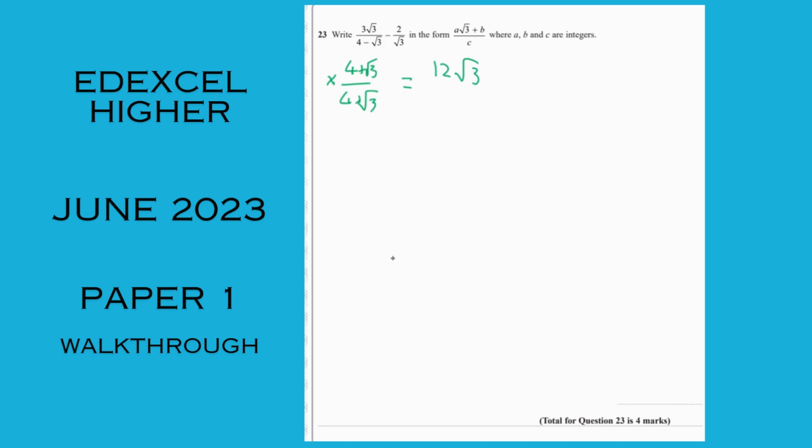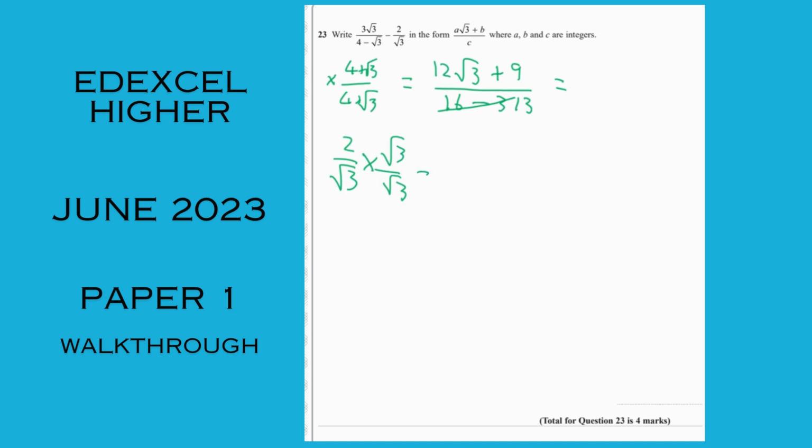And root 3 times that is root 9, 3 times 3, 9. On the bottom, 4 fours are 16. Root 3 times root 3 is 3. You don't need to do the other terms because they all cancel out. So on the bottom, we get a 13. I'll return to something else later on, but let's deal with the second term next.